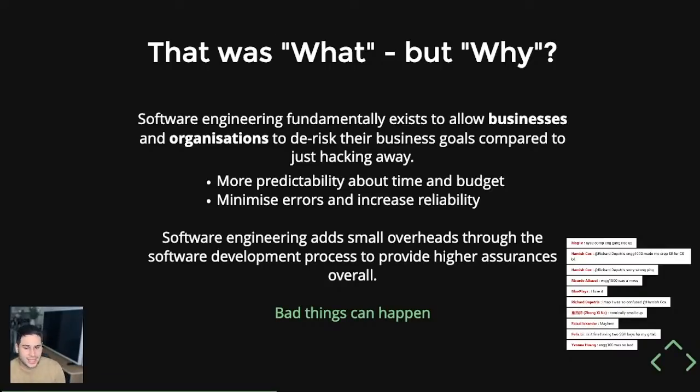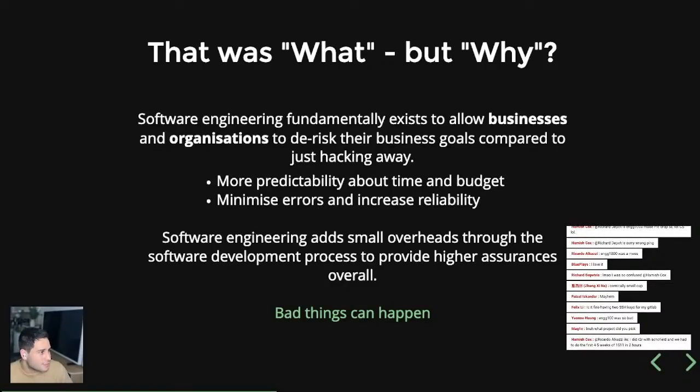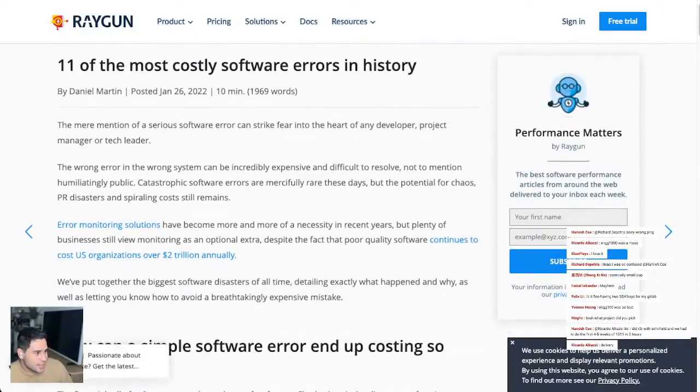If you're following the link on the slides, you can click that bad things can happen link, and you can read about some of them. Can you see that? Yeah, cool. 11 of the most costly software errors in history.